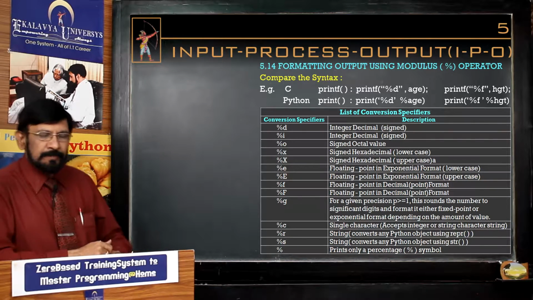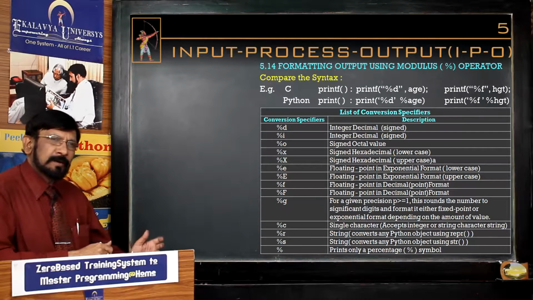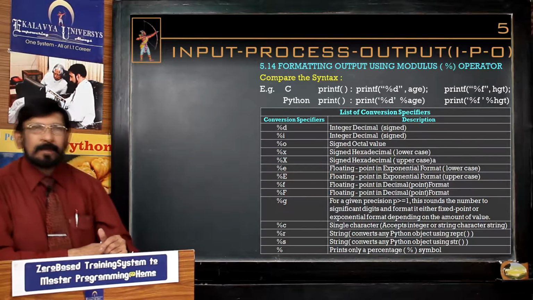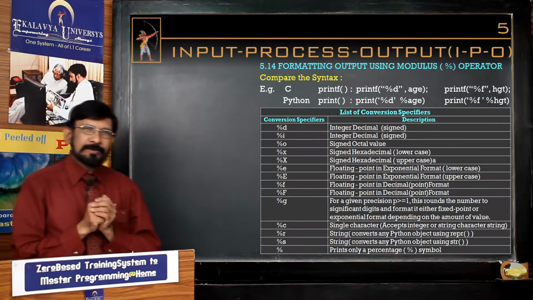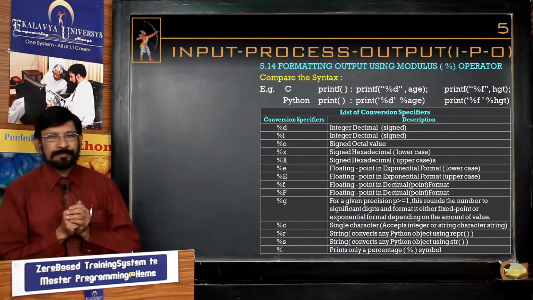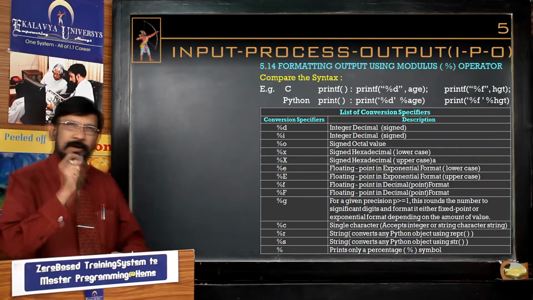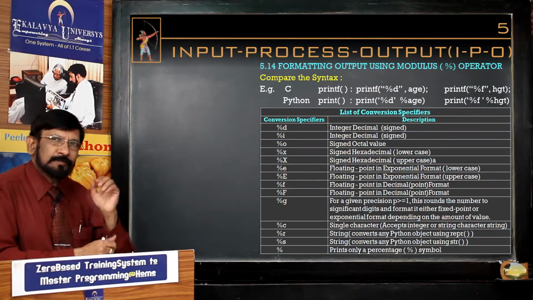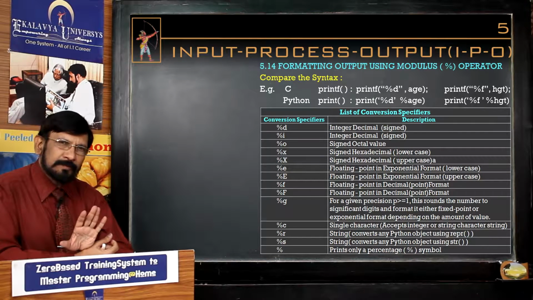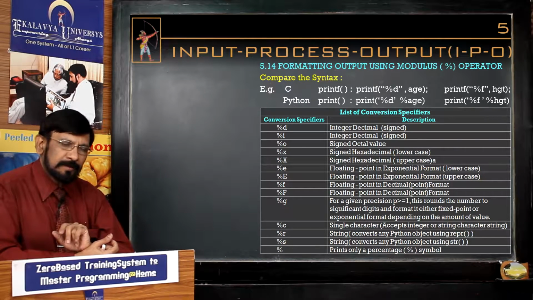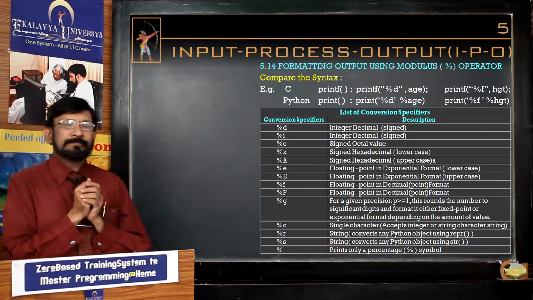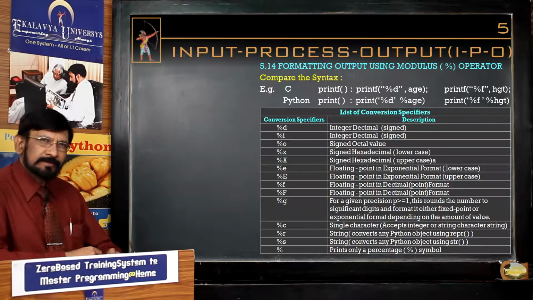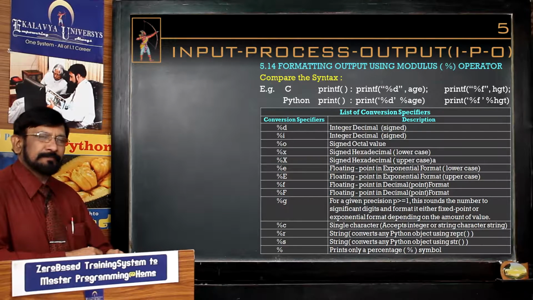For formatting purposes, several tools are provided by Python, and among them the string format method is the most elegant, simple and flexible method. Wherever possible, we have to use that. But apart from that, some alternatives are there. One of them is using the modulus operator.